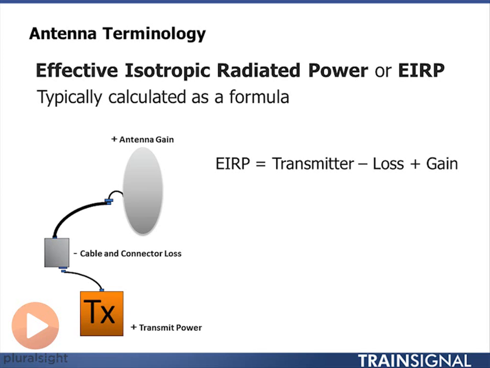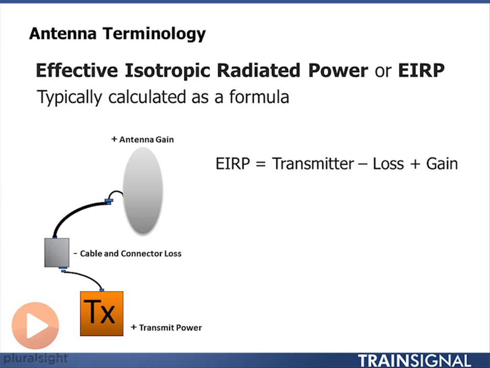What they typically regulate is the transmit power level from the transmitter, and they also regulate the radiated power from your antenna. So it's important to understand how to calculate what the radiated power is from your antenna to make sure you're meeting your legal regulatory requirements.